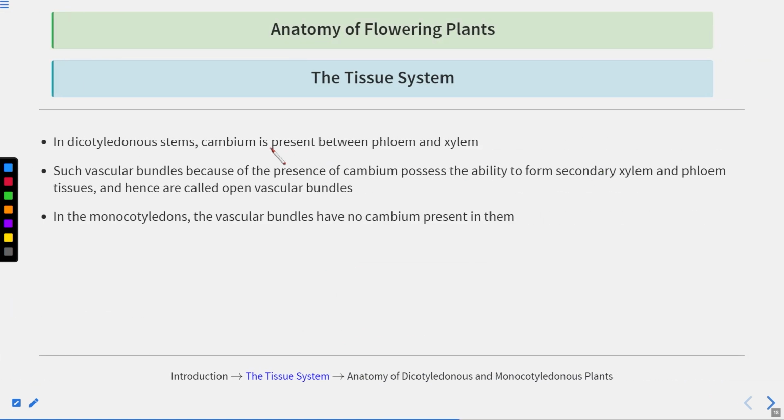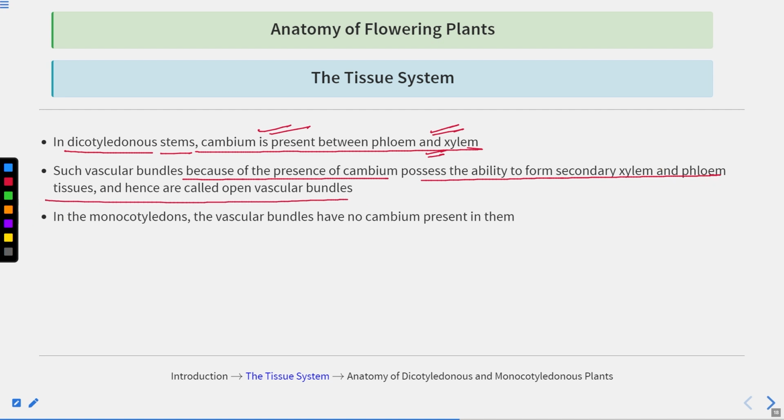In the dicotyledonous system, the cambium is present between the phloem and xylem, and such vascular bundles possess the ability to form secondary xylem and phloem tissue, and hence are called open vascular bundles.